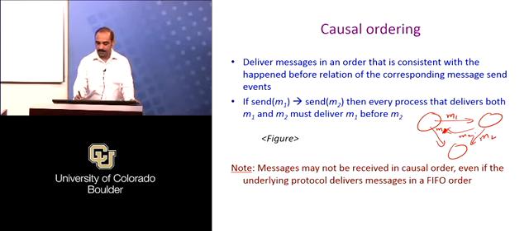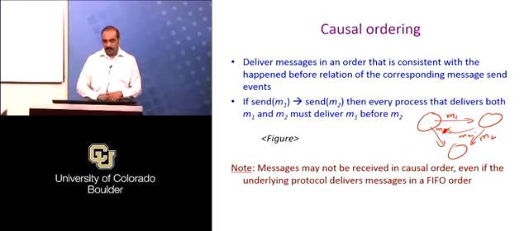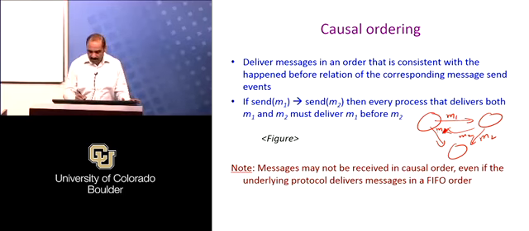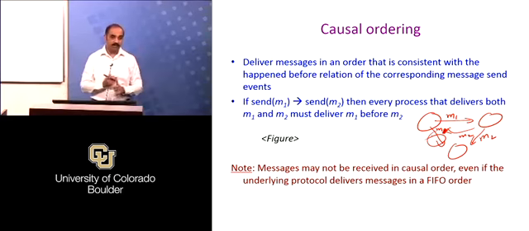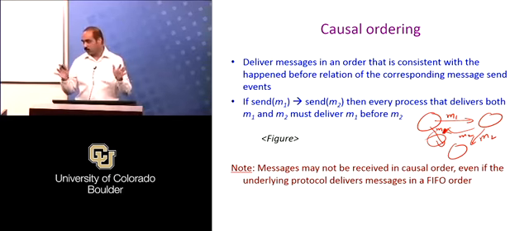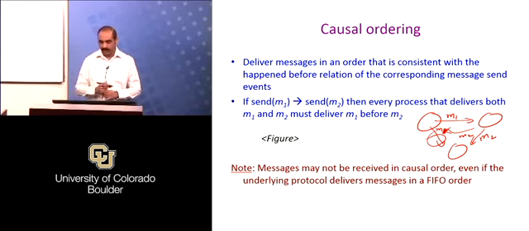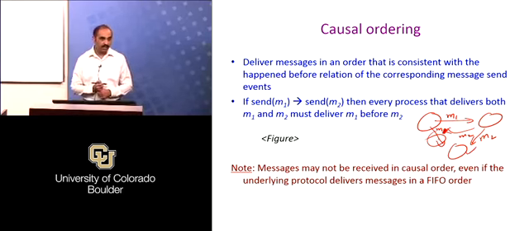Response M2. Now, let's say you are using UDP or even TCP, but let's say UDP. It can happen that this message, the original M1, is delayed for some reason, because this connection is slow, some link is slow there. So it can happen that you see M2 before you have seen M1.